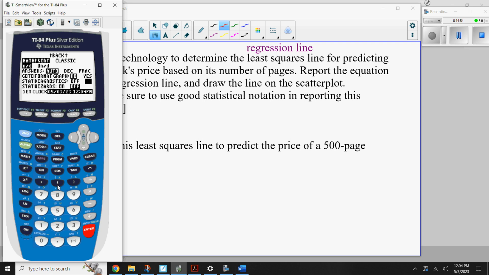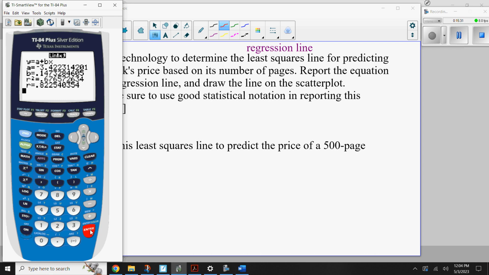And now I'm going to go back to stat, calc, 8 for linreg, and I'm going to go second 2, comma, second 1, and I hit enter, and it gives me my a, my b, my R squared, and my R. So that's a lot more information, and we're going to need it. I don't know why they don't make the stat diagnostics on by default, but they don't, so sometimes you have to go back and turn it back on.